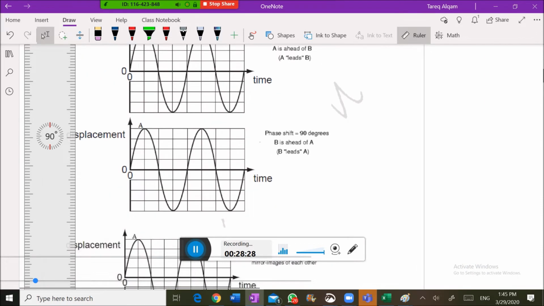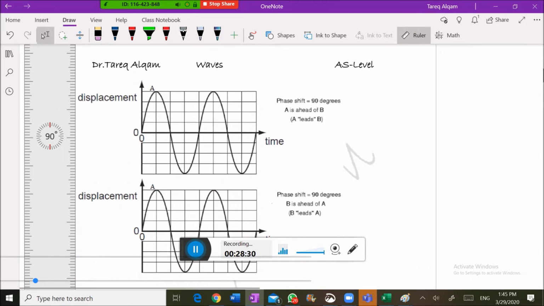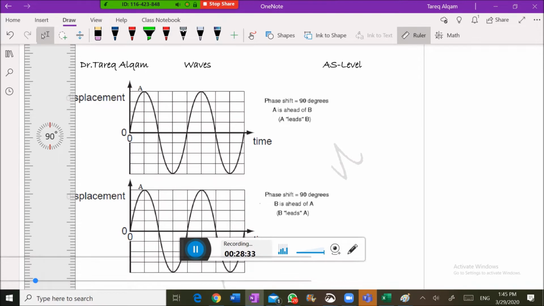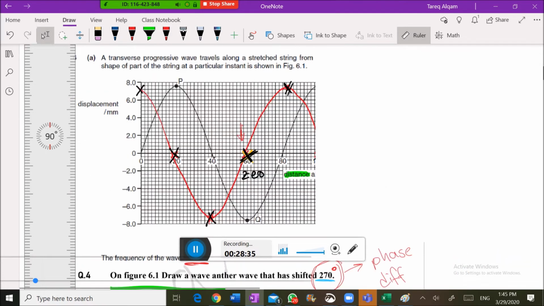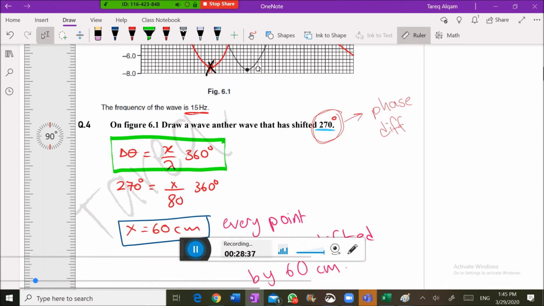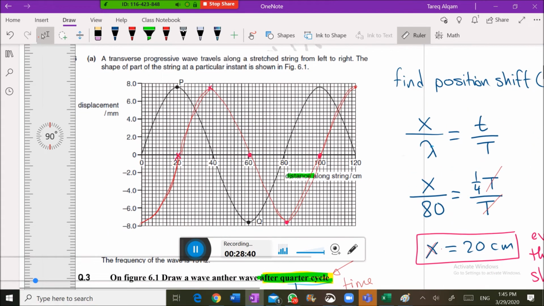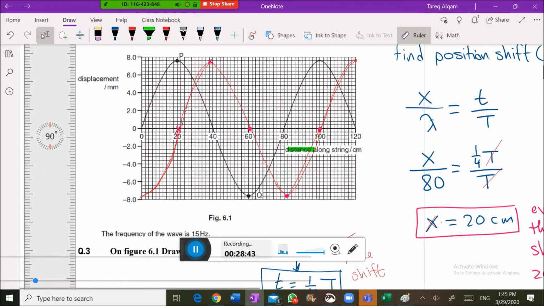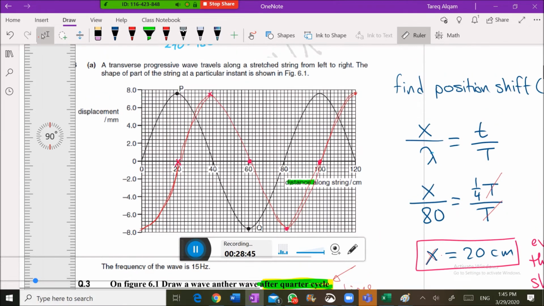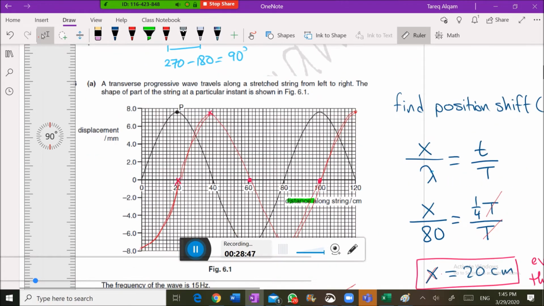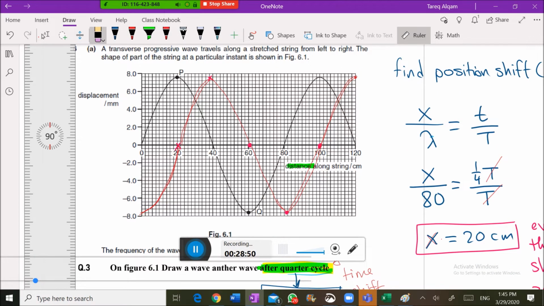Now we may have a question like this. The question that I did before was about the phase difference between 2 points, right?